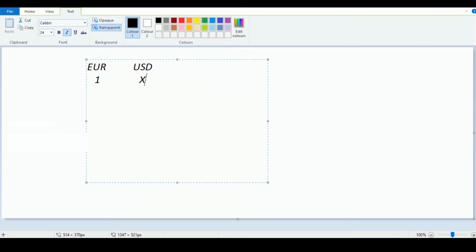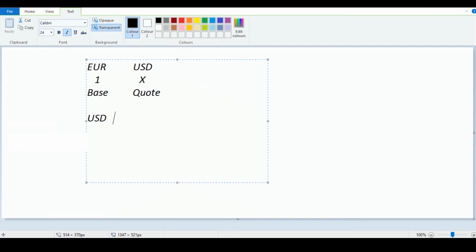So are we going to pay more dollars for every euro, or are we going to pay less dollars for every euro? And that is where your money is at. So the currency to your left is always your base currency, and the currency to your right is always your quote currency. Now let's look at another example.